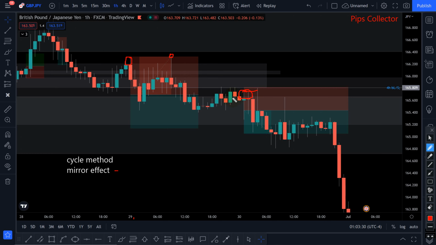Now, this is what most times you would not hear or see someone talk about, this mirror effect, but it occurs, which is why no matter how much you trust your strategy, this should be added to your strategy, in the sense that yes, your strategy would work, but the market could give you the middle finger and do whatever it wants after it has taken you out.